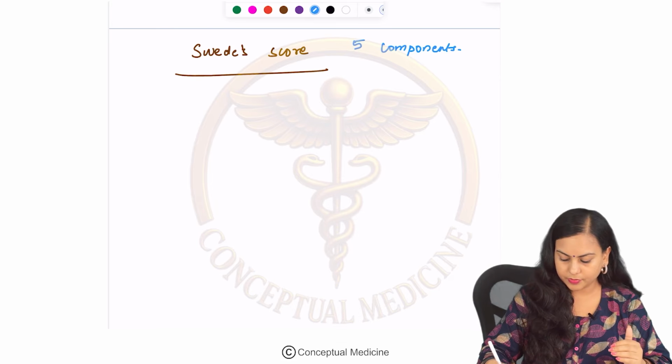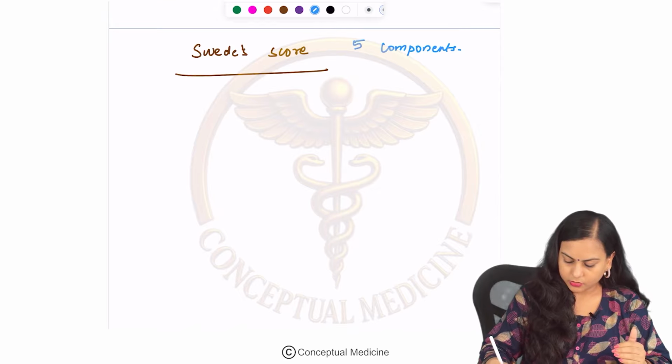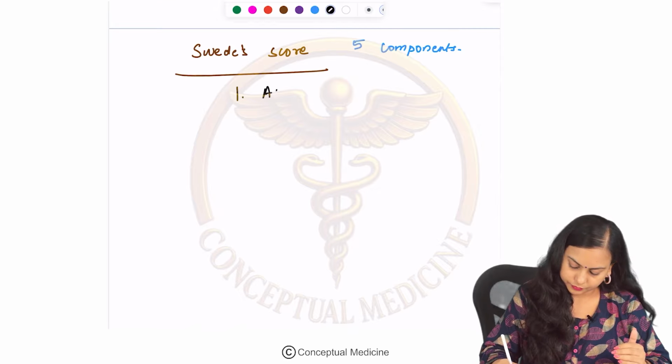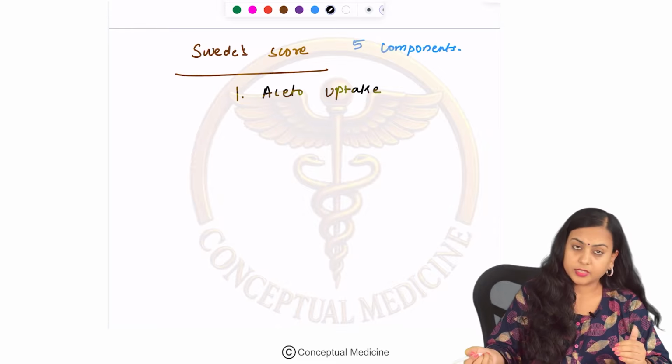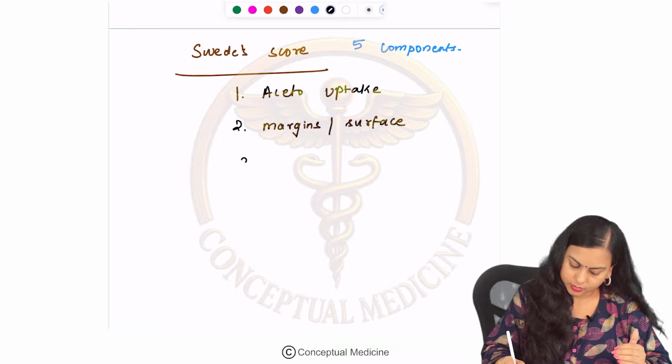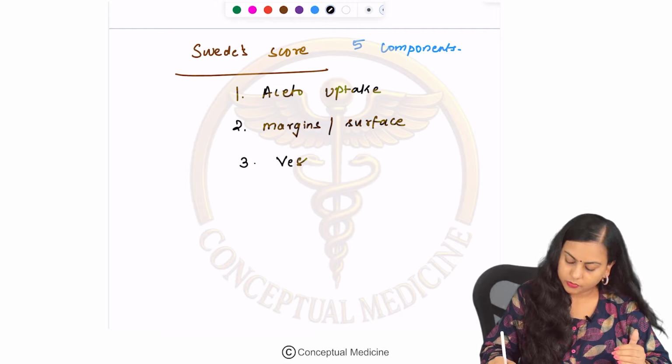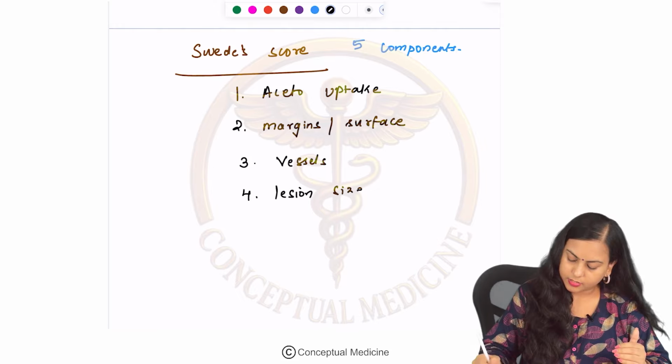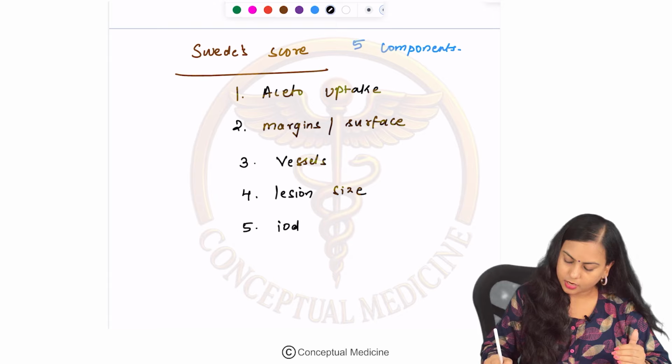The components include acetowhite uptake, the margins or surface of the lesion, the vessels, the lesion size, and the iodine staining.